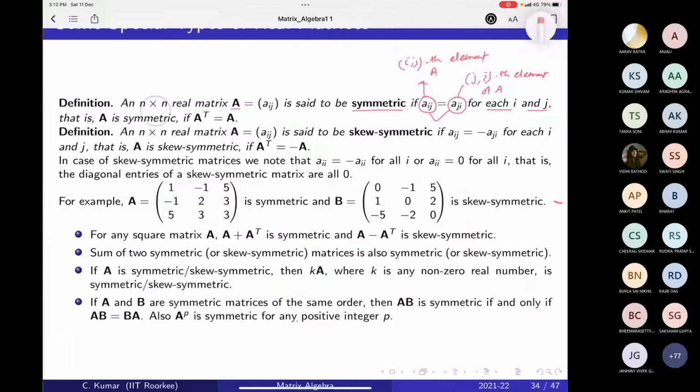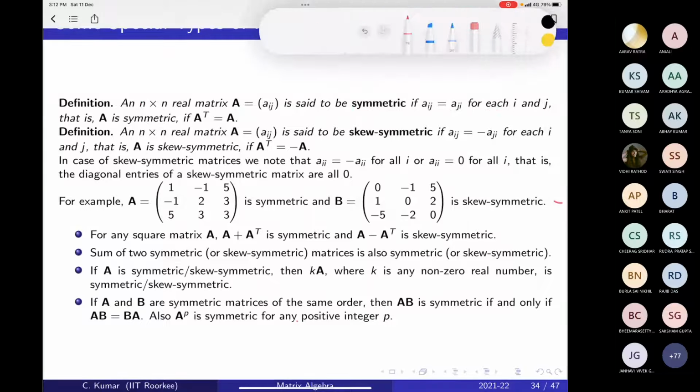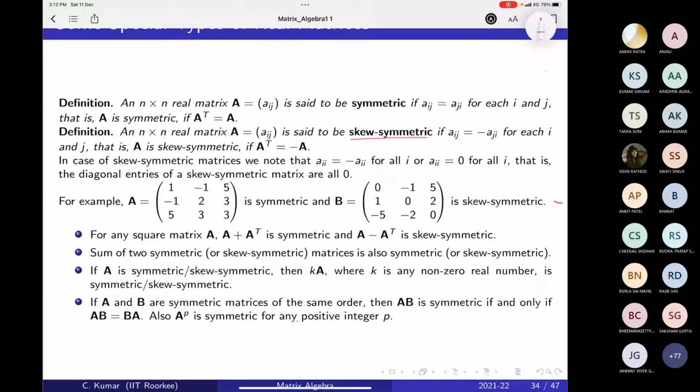Okay. Now, another type of matrix is a skew symmetric matrix. We say that a square matrix A of order n is skew symmetric if Aij is equal to minus of Aji. And here you can see that the matrix B on the slide is skew symmetric.